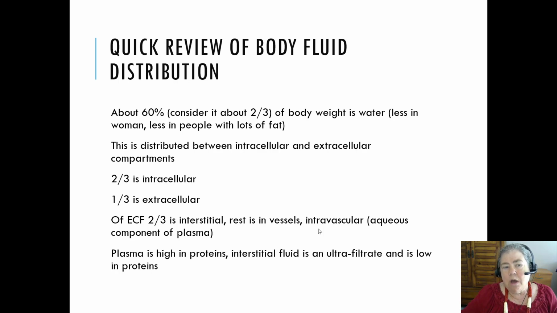And this is the water component of plasma, which is composed of water and electrolytes, but also of a number of plasma proteins. If we take blood and spin it and discard the cells, what's left, the clear supernatant, is this very slightly viscous, very proteinaceous fluid called plasma.